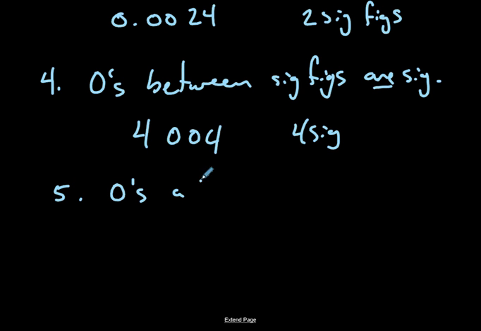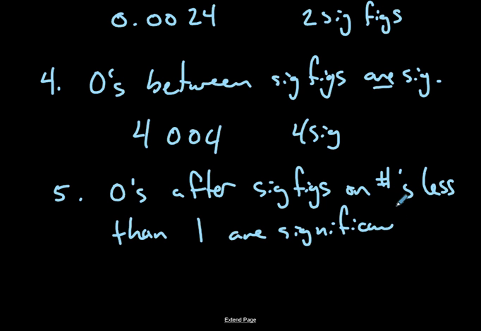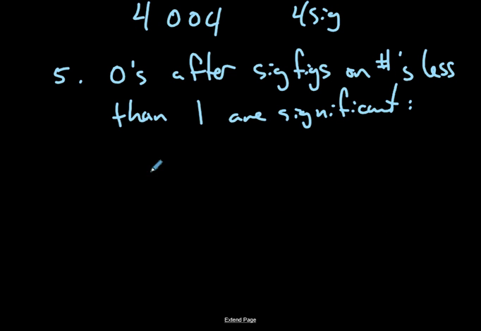Zeros after sig figs on numbers less than 1 are significant. What do we mean by that? So let's say we had 0.0670.